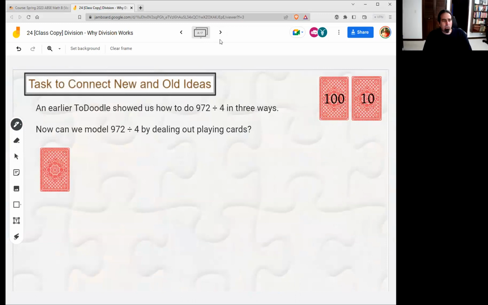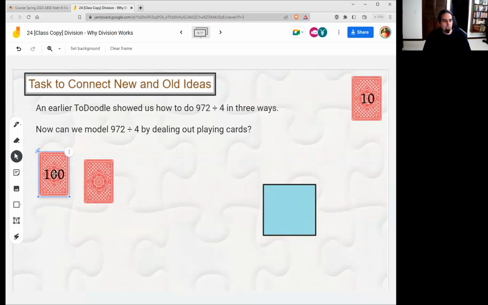So let's model that again with 972 divided by 4. If you were here on Tuesday, this is a little bit of a repeat, but if you weren't, then here's a chance to see it. So I have my table, and I need 972.